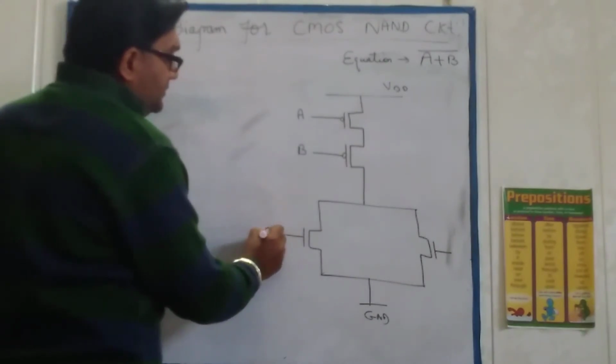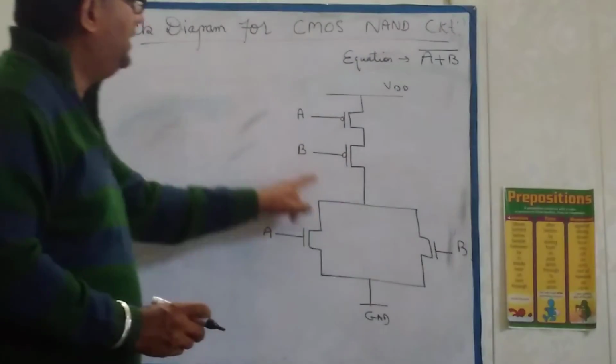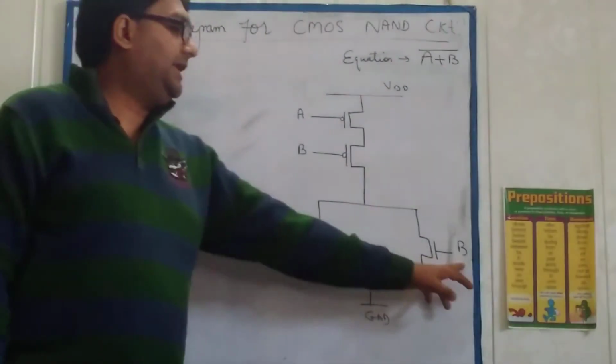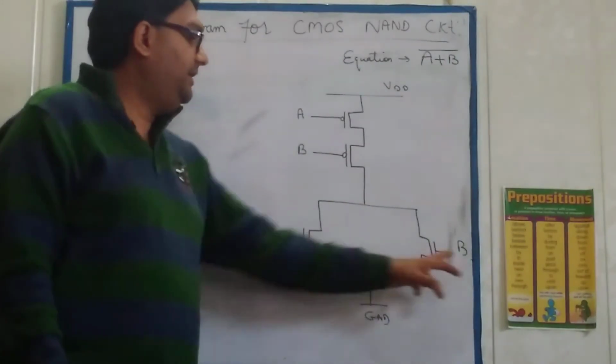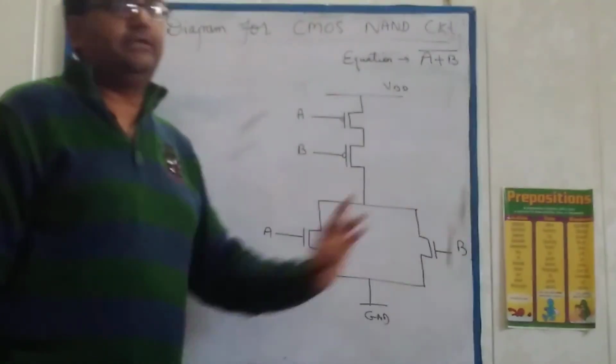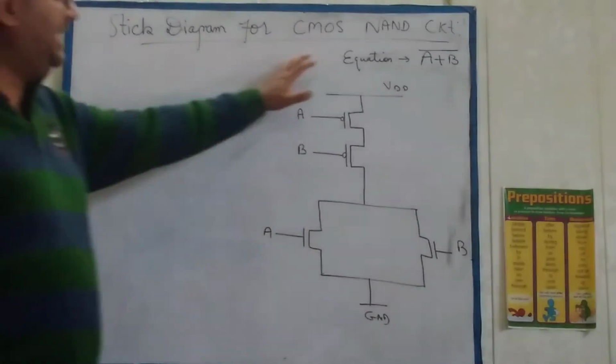This is, let us suppose, A and this is B. Basically they are connected together, but for simplicity I write A and B separately, meaning these two are connected together and these two are connected together, right? So this is the simple circuitry for the CMOS NAND.